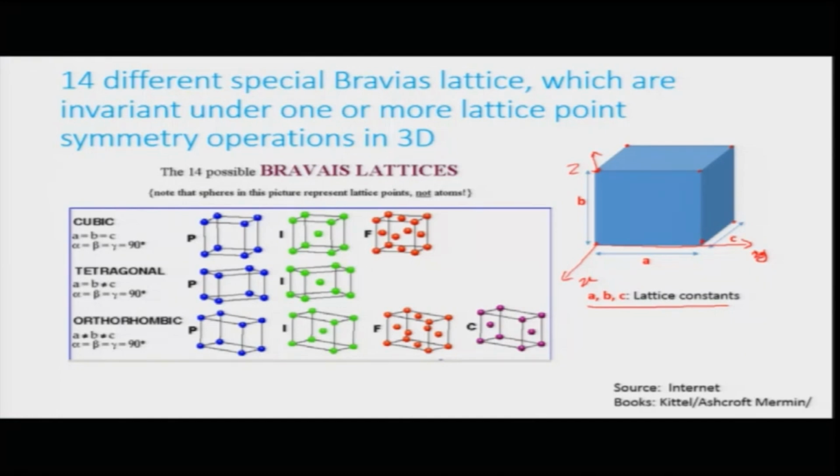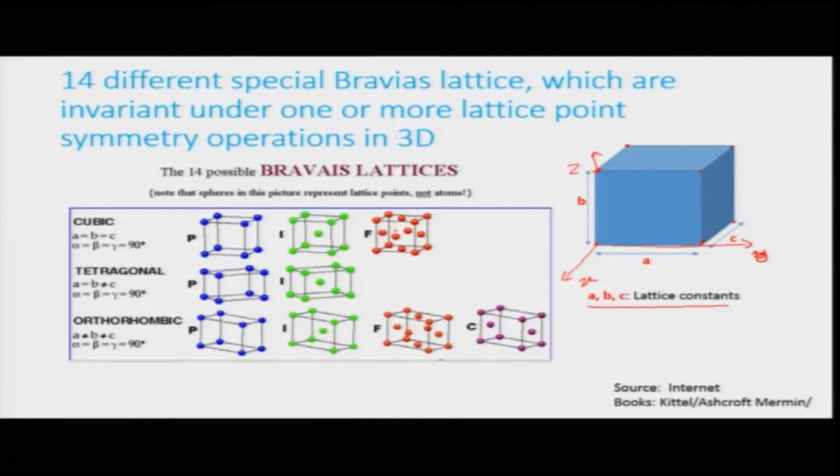So, amongst the 14 different Bravais lattices which remain invariant under one or more symmetry operations, you have the cubic class, where A is equal to B is equal to C, and the angles between the different axes are 90 degrees.